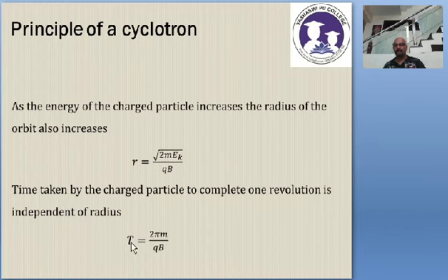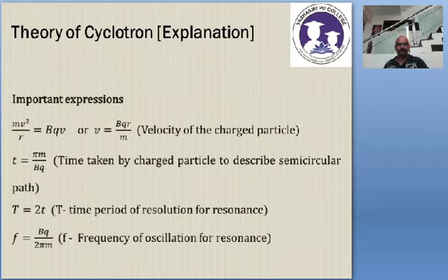This is the principle of cyclotron. What is a cyclotron? Very simple. It is a device used to produce charged particles of very high energies. So that is the cyclotron theory.